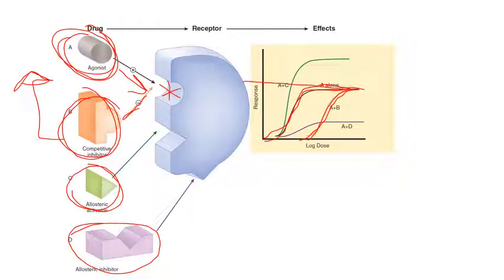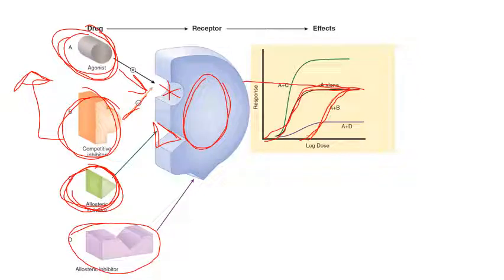But in case of A and C, here we have allosteric activator, which means that the drug is bound to an allosteric site other than the binding site of the agonist itself, and increases the activity of the receptor.